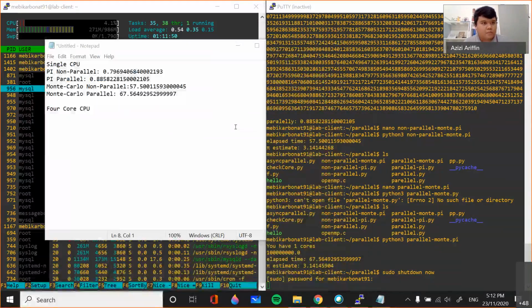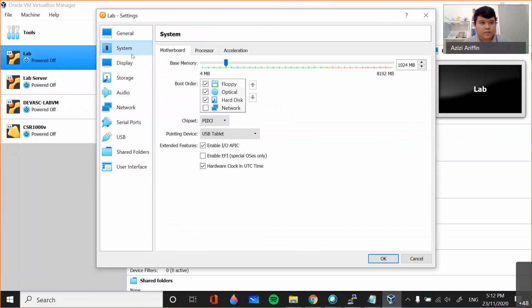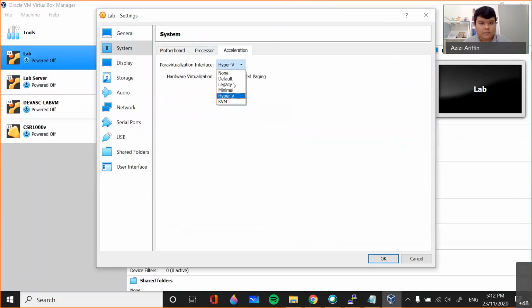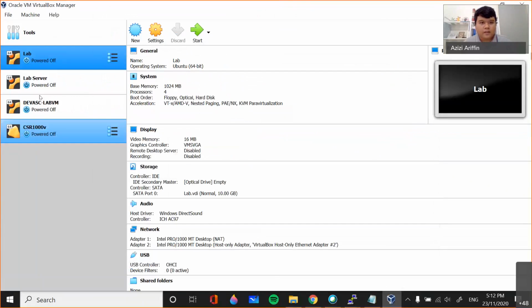Let me switch out my hypervisor to KVM lah, for core processor.